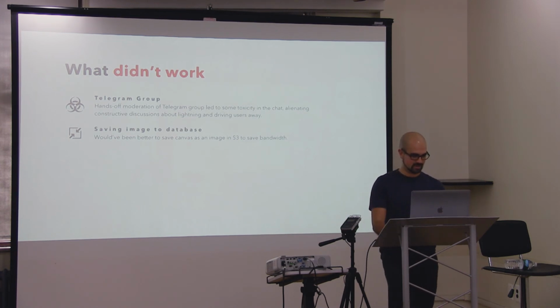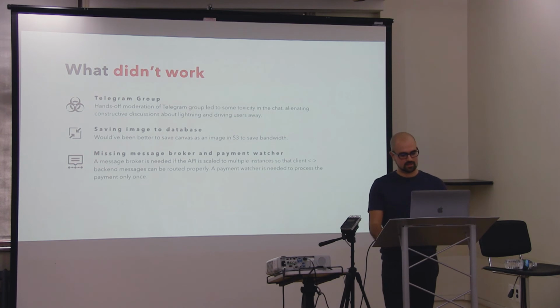So the architecture I mentioned previously is missing two important components, which is the message broker and the payment watcher. These are important when we start thinking about scaling the number of instances of the backend. The message broker is a layer between your client and your backend, so that no matter which backend is processing a transaction, it can find the client that it needs to notify.